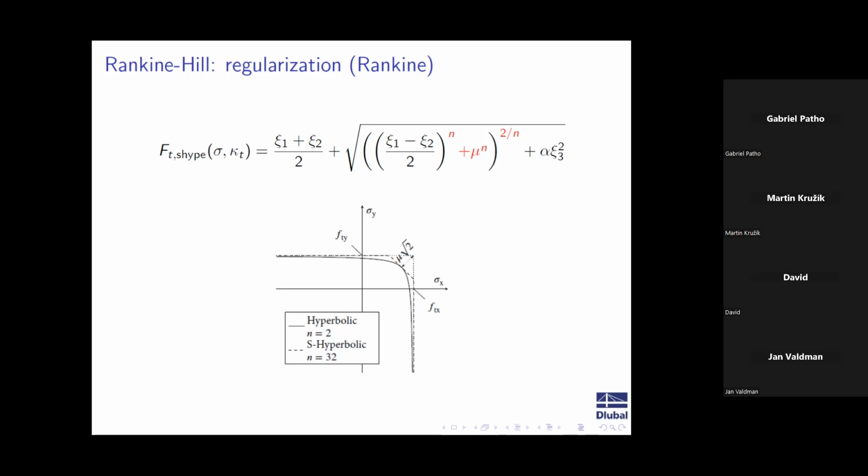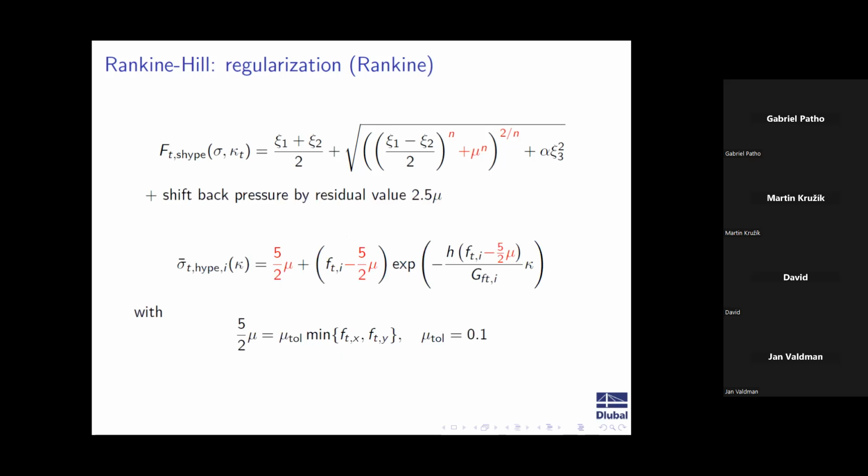So how can we amend this? The procedure is that you shift your backstress by a little bit larger value than this 2 mu by 2 mu square. In the literature, I found they shifted by 2.5 mu. So you are outside of the box, and you introduce some small tolerance.